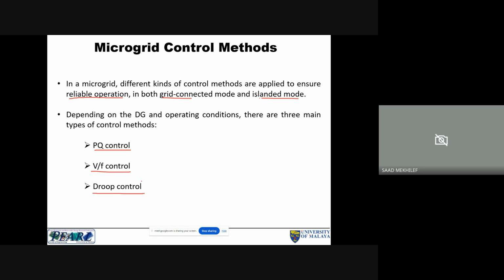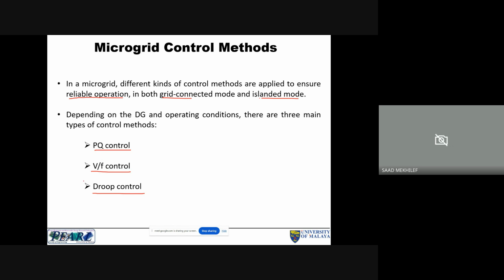We will be reviewing each one of them. If we talk about the PQ control, the main objective is to control active and reactive power constant when the frequency and the voltage deviations are within the limit.